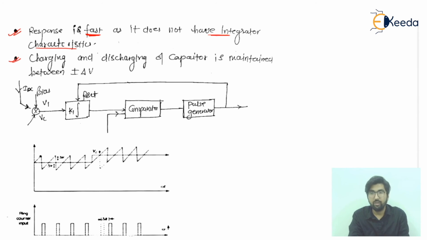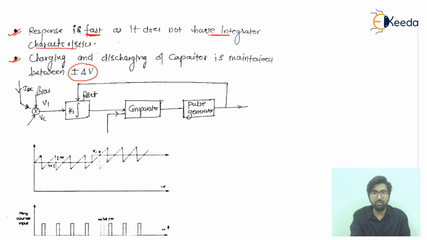Next point, the charging and discharging of the capacitor is maintained between plus minus delta V naught. And delta V naught is changing, that is from here. This is the delta V naught, and delta V. So that is related with charging and discharging of the capacitor. This is the ramp type signal you can see there.